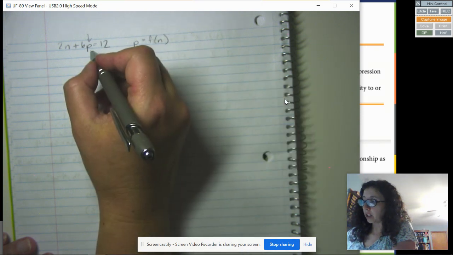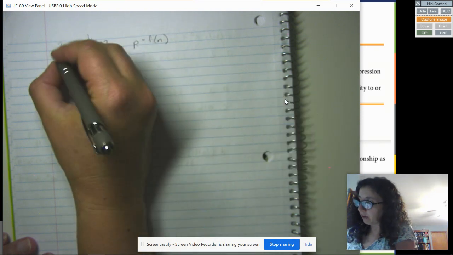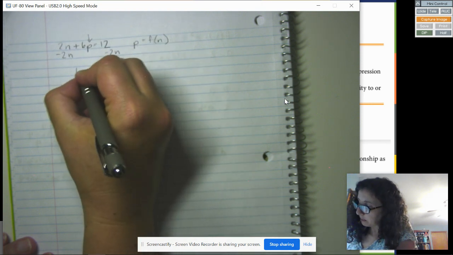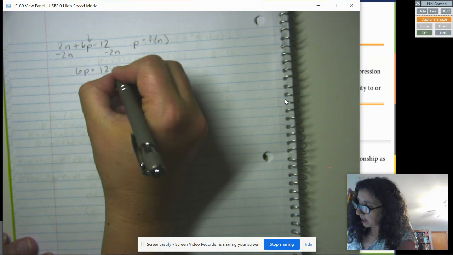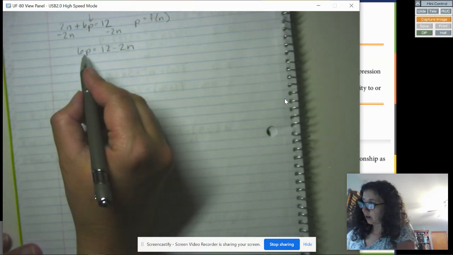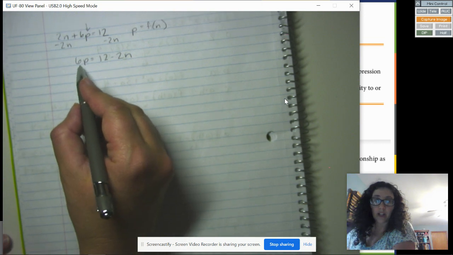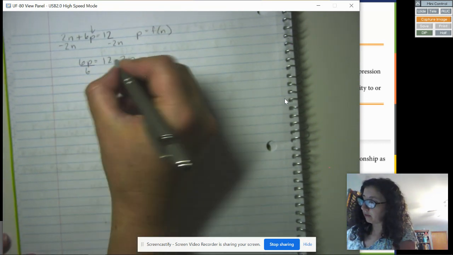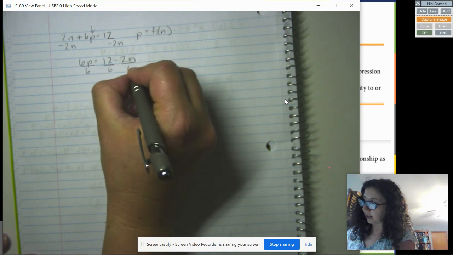How can we do that? Well, let's subtract 2n from both sides. So we'll have 6p equals 12 minus 2n. Now we've got this 6 to deal with. How can we isolate p? We want to divide everything by 6. Divide every term by 6.